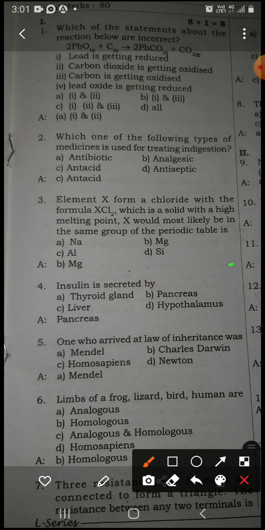So the right answer will be option 1 and option 2, so option A will be the right answer. So how are you going to write the answer here? For the first question, the answer will be A. You are going to write the answer A, and along with it you need to write the options 1 and 2.